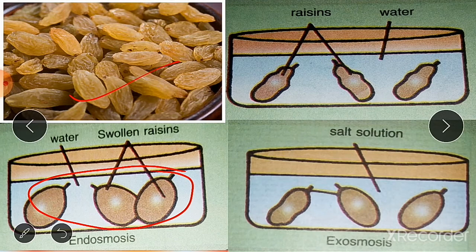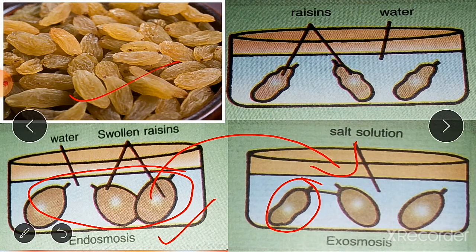When such swollen resins are kept in the concentrated solution of salt or sugar, each of them loses water and shrinks again due to exosmosis. So here it is endosmosis and here exosmosis. So these are examples of osmosis.